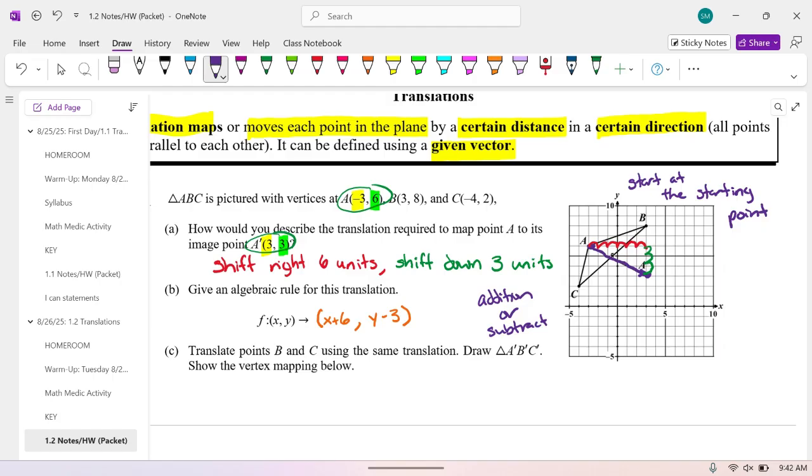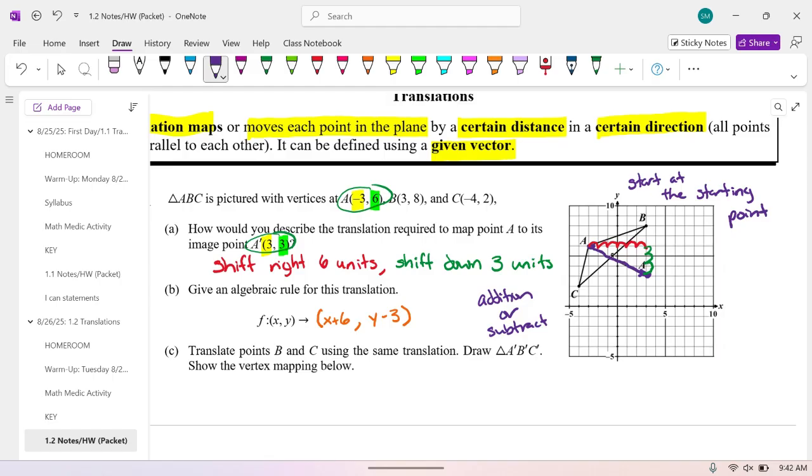So if I gave you just A prime and A, and I told you what happened, how to translate, what would you do? So, again, let's say this graph didn't exist, all right?